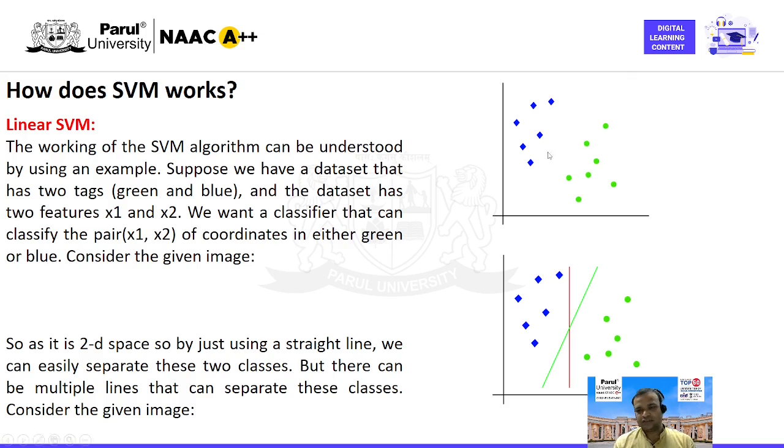Here it is a two-dimensional space, so by just using a straight line we can easily separate these two classes, but there can be multiple lines that can separate these classes. You can see here there are two classes, blue and green, and with the help of this line, or decision boundary, you can separate them.